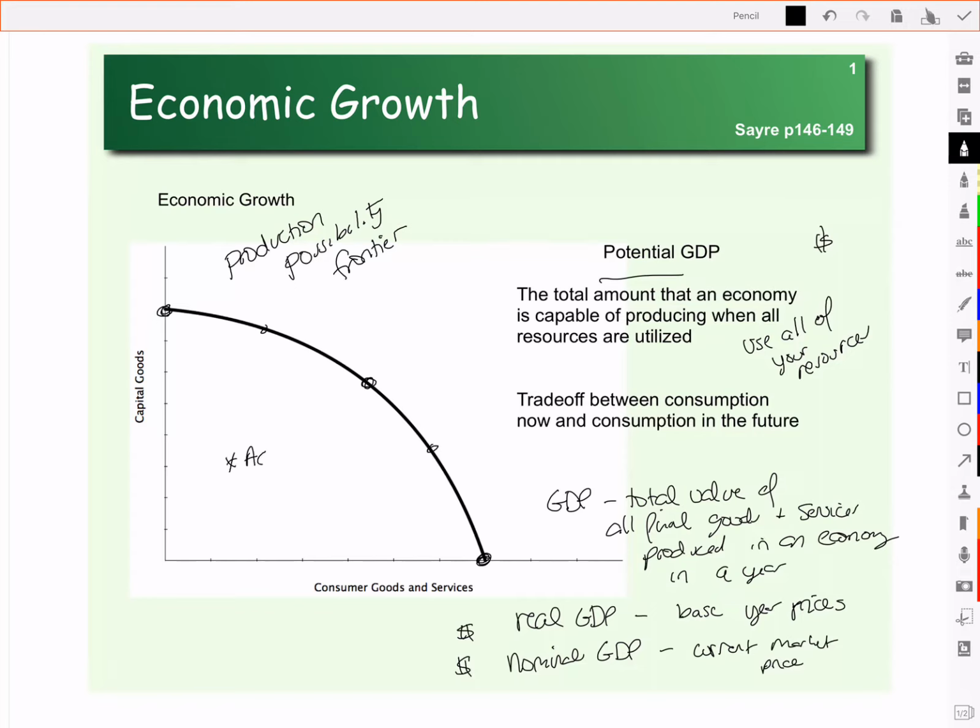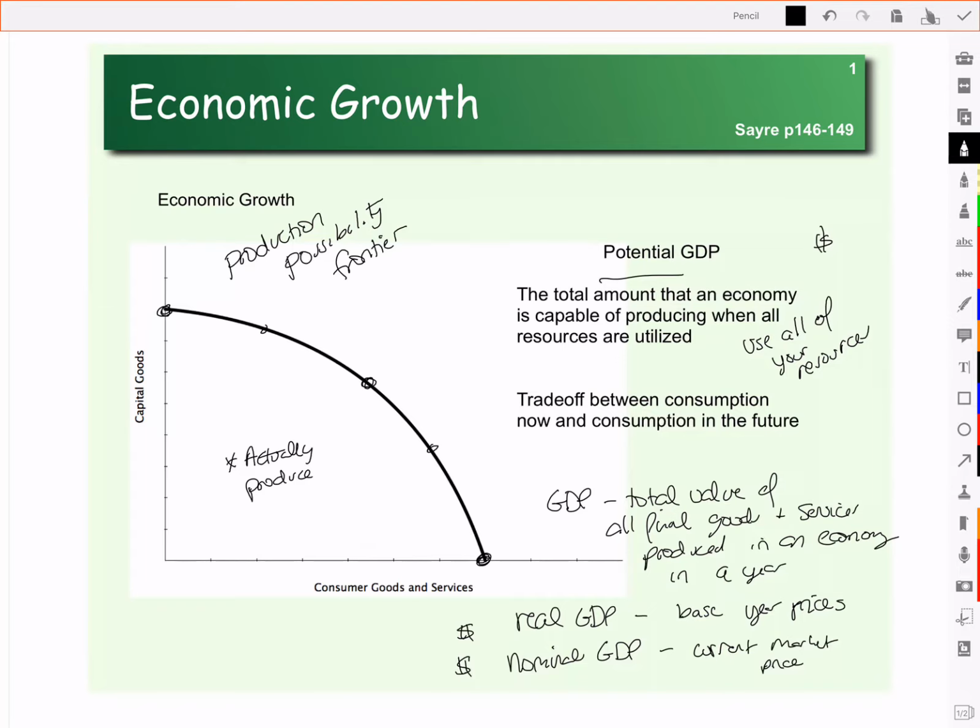Now, how much we actually produce might be somewhere in here. The production possibility frontier is showing our potential, what we could do. And later in other levels, we're going to look at what happens when what you actually produce doesn't match that potential. That's a gap. And what kind of gap do we have, and how do we fix that?